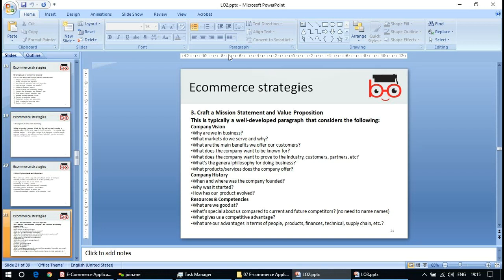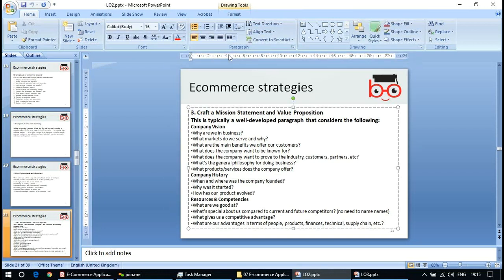And if it's already an old company, online for, let's say, 1 year, and you are not getting any growth, then you are not doing very well. How has our product evolved? So company history and company vision make a difference to your mission statement.